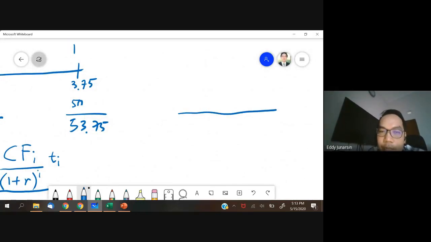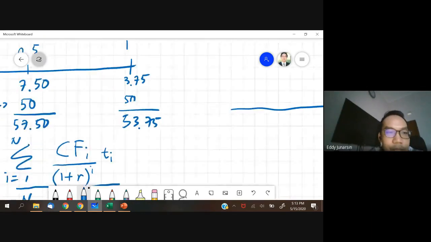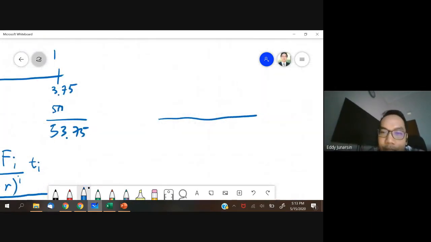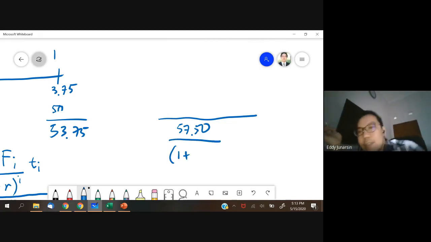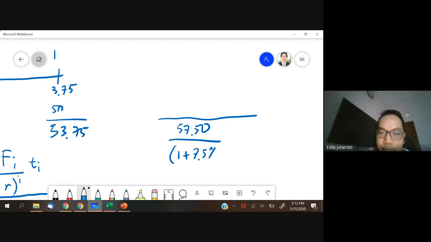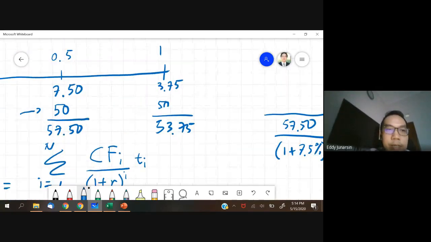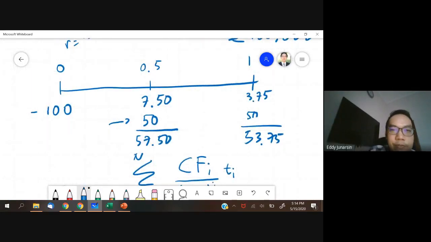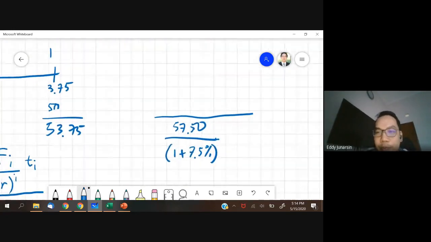The first cash flow is 5750 divided by 1 plus 7.5% to the power of 1, because it's a one-time move from here to here.